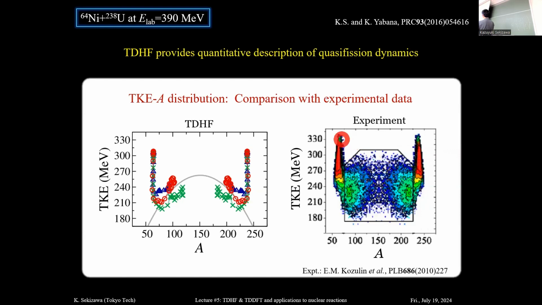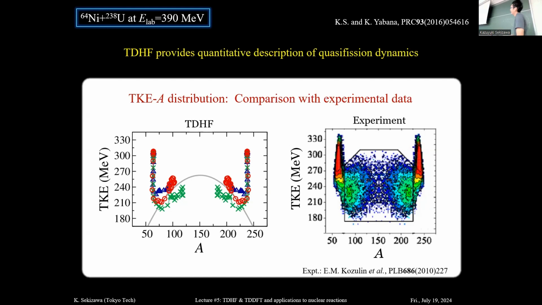So the amount of energy dissipation and this trend towards mass symmetry, you can see some agreement. So it happens in reality, at femtometer scale. So in this way, TDHF provides a quantitative description of quasi-fission dynamics without any other sort of parameters. So it is a very powerful tool.